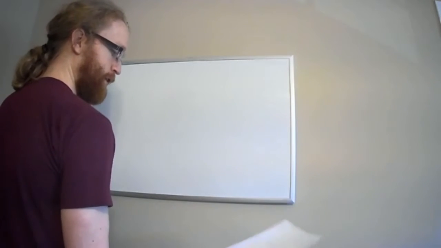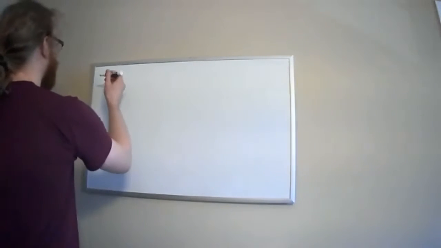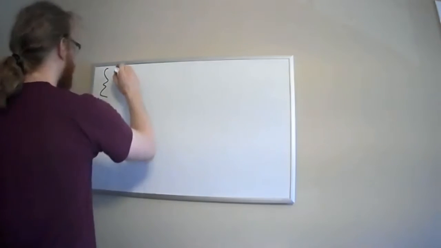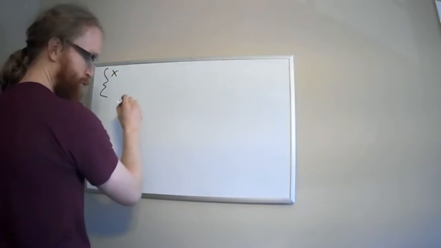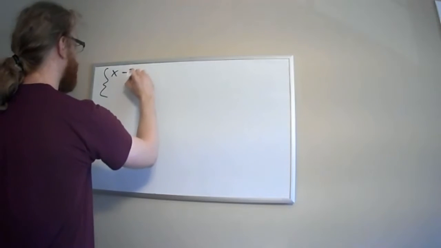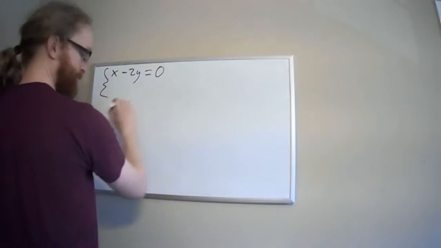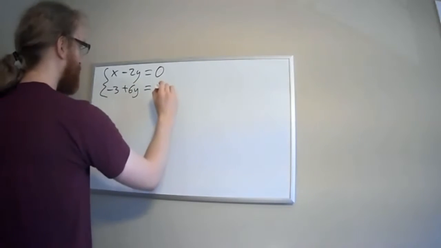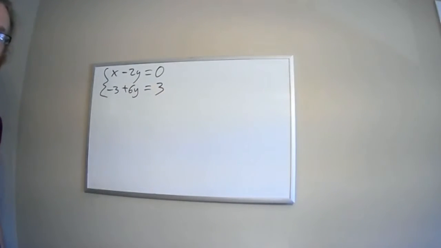So here's our first example. I'm going to give you this system, and this will double as a refresher of stuff I talked about yesterday. All right, so here's a system of two equations.